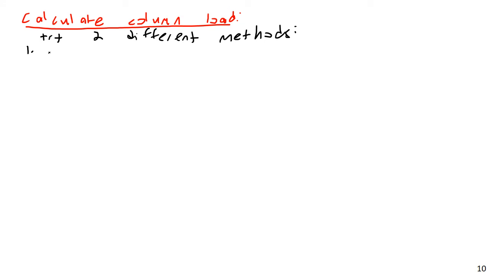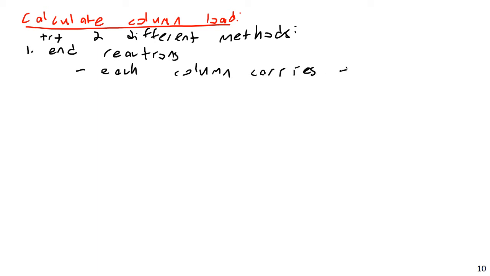One via end reactions. Basically, each column carries an end reaction from a beam plus the girder end reaction.